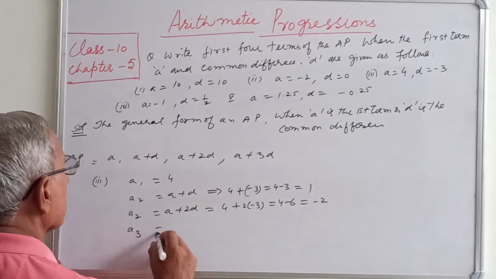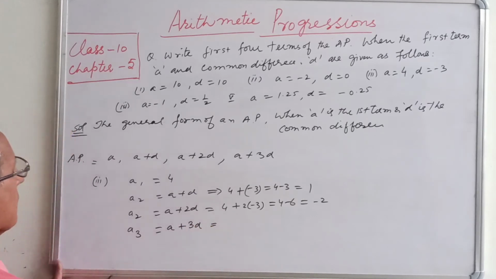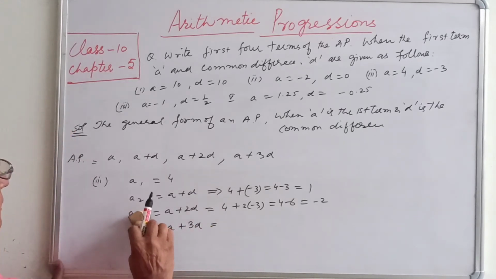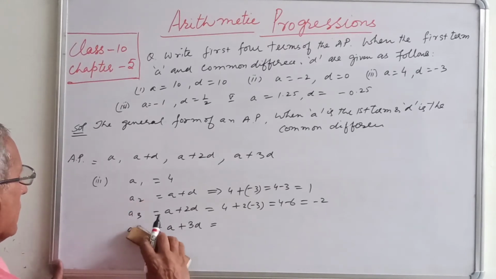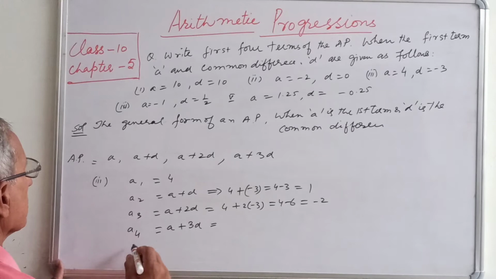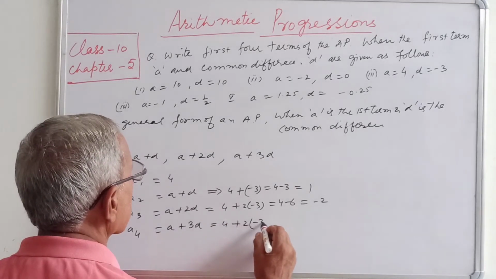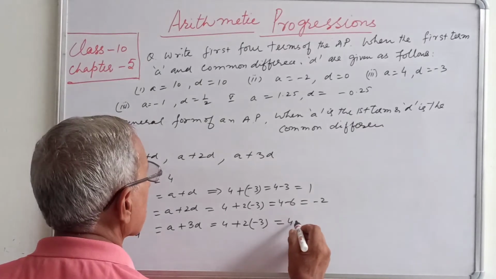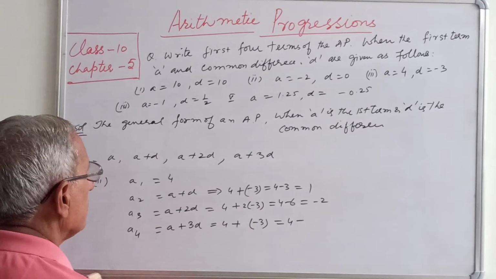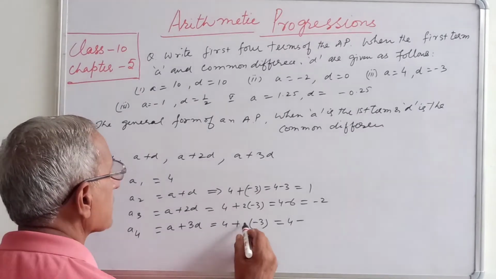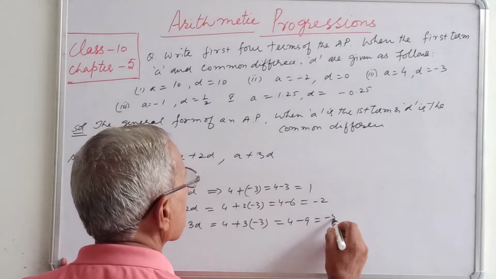Then A4, the fourth term, 4 plus 3 into minus 3, so 4 minus 9, that is minus 5.